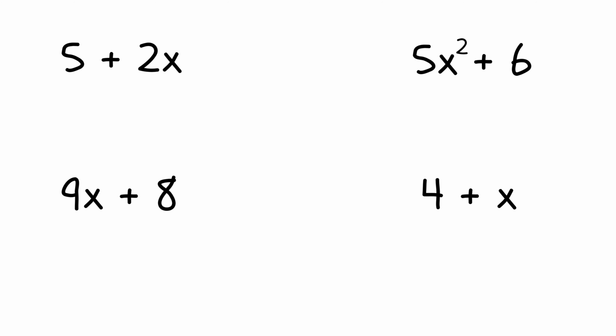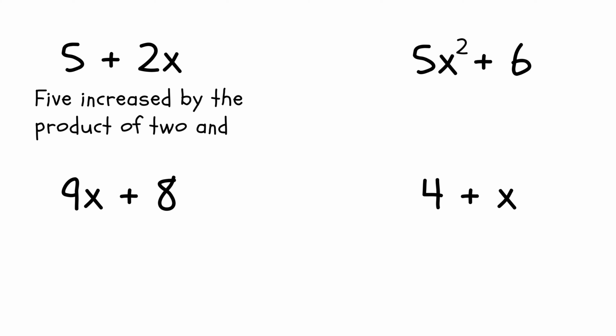Let's go over a few more examples. So, for 5 plus 2x, we can say 5 increased by the product of 2 and x. Next, for 5x squared plus 6, we would write it as the sum of 5x squared and 6.